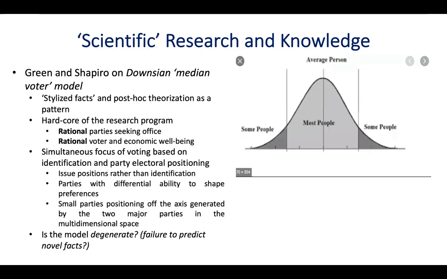Because you have here the dark gray. If they stick to their radical leftist ideology, for example, they would gain the votes from these people, some people. But most people here, they would maximize this by reaching out to the median voter, the light gray area. And the same goes for the right as well.